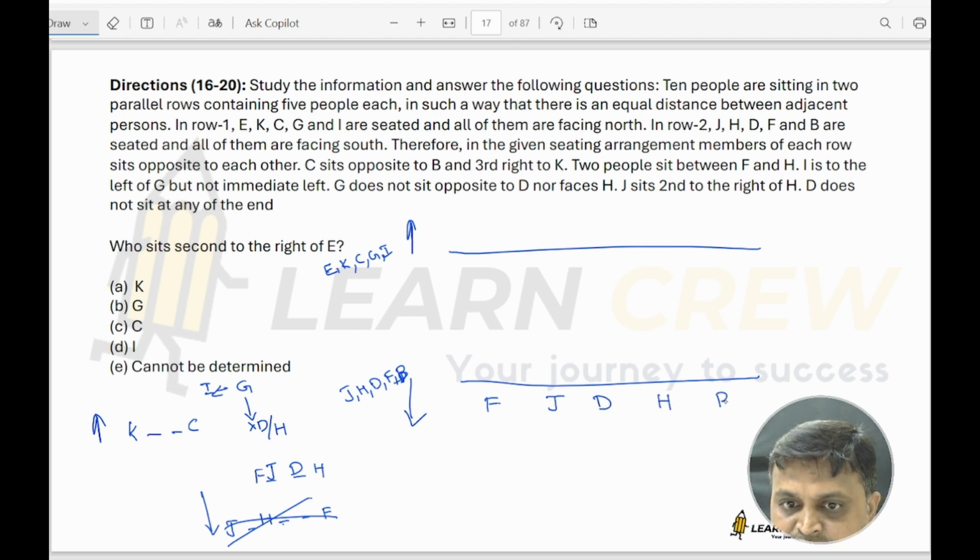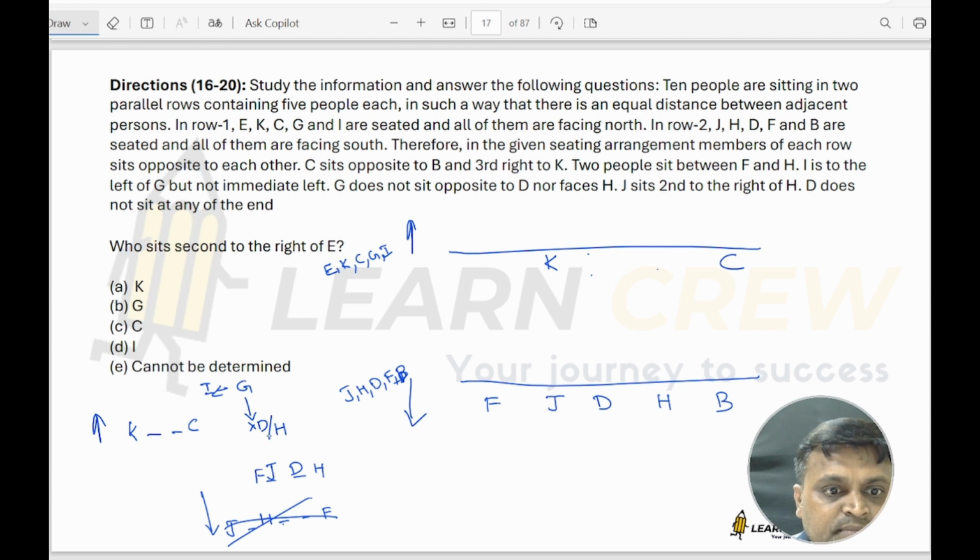The other person is B. And here it is given that C sits opposite to B, and C is third to the right of K. So K has to be here. K is first right, second right, third right.